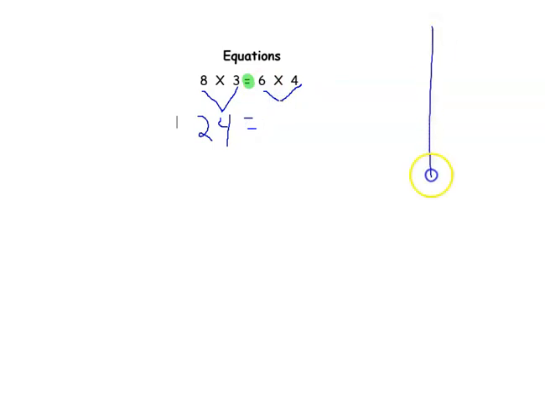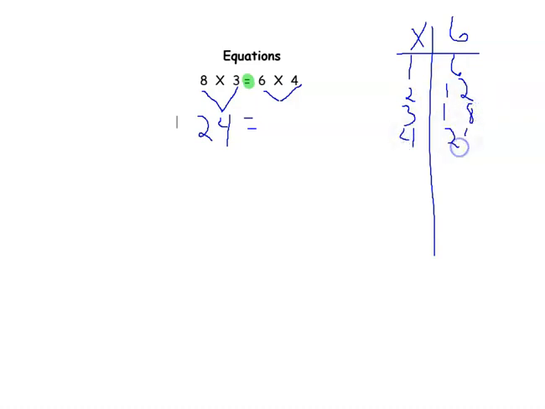So look, I can use my T-chart, can't I? I could do one really quick. Times 4, so we're going to multiply by 6. 1 times 6 is 6. 2 times 6 is 12. 3 times 6 is 18. 4 times 6 is 24. 18 plus 6, because I'm skip counting, 18, 19, 20, 21, 22, 23, 24.